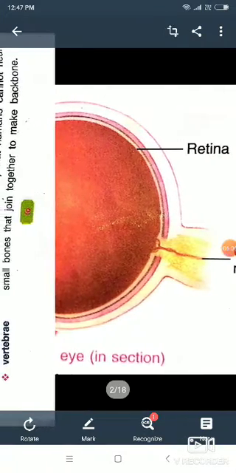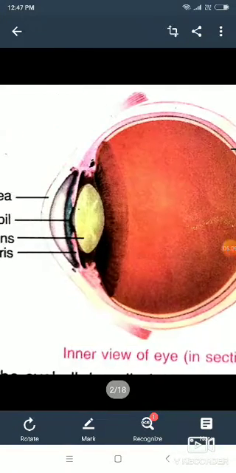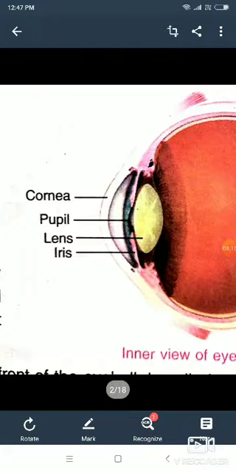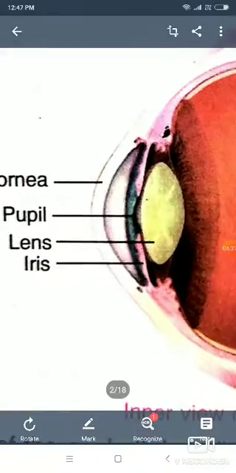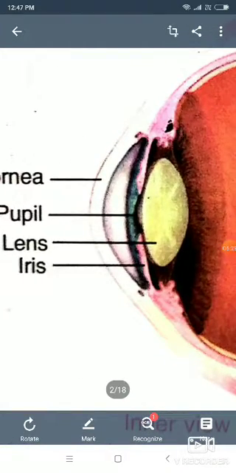Then see this, cornea is there. Then that small hole, that is pupil, and see the lens, the yellow colour, that is the lens, and the iris. See this muscular structure, this is iris.